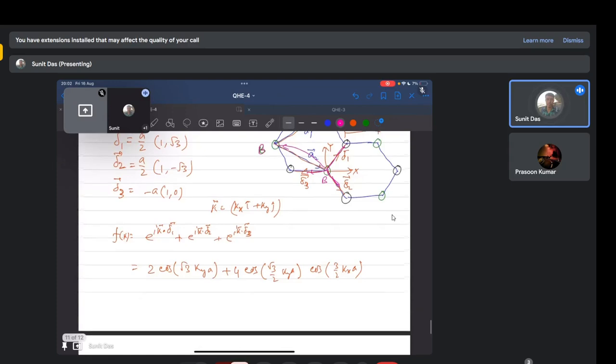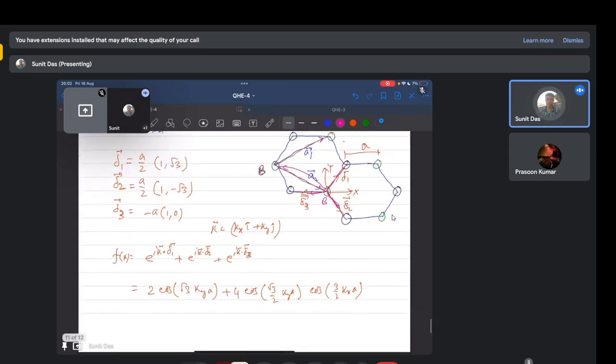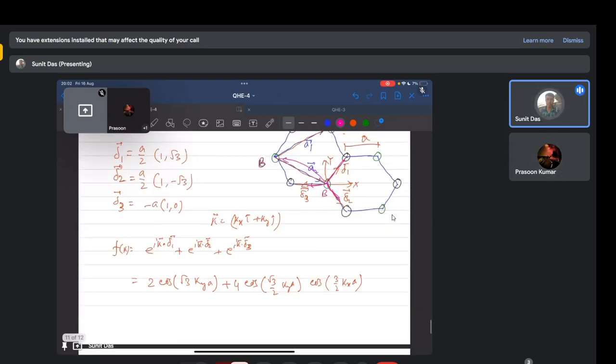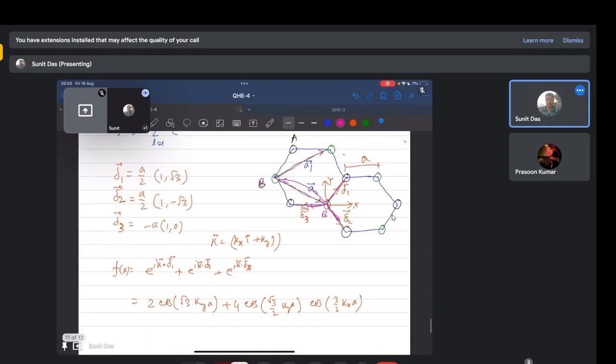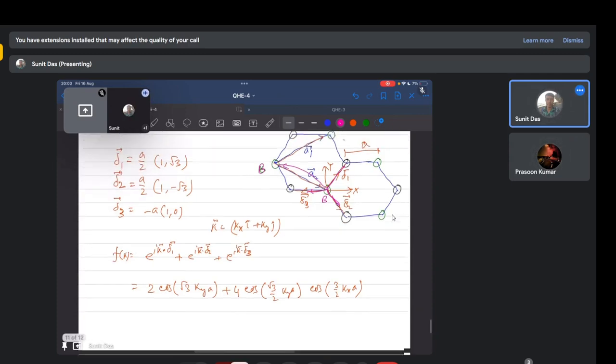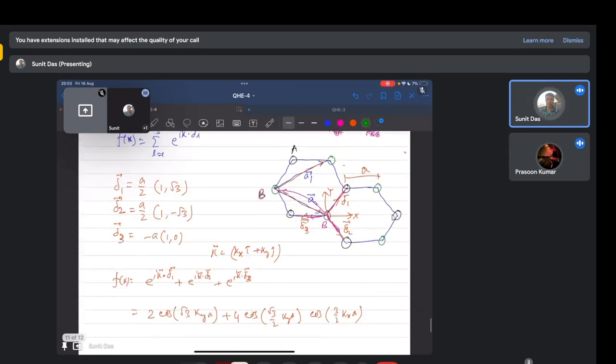I will not solve it, but I'll just mention the hopping vectors, this delta type of thing. If I draw, this is delta 1, delta 2, delta 3, but let me draw these as the next nearest neighbor.